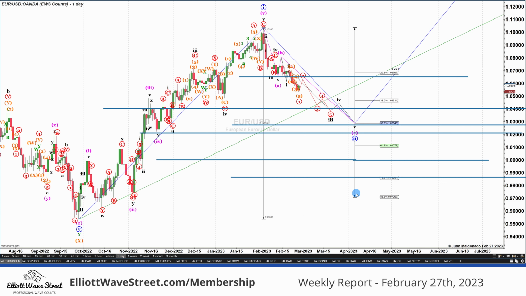Of course not, right? Because the Elliott wave theory says that wave 2 can finish from 1%, let's say, of retrace of wave 1 up to 99.9%, right? So it can finish anywhere from this high to this low.